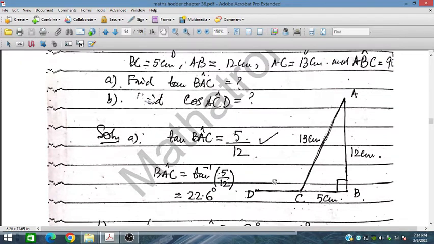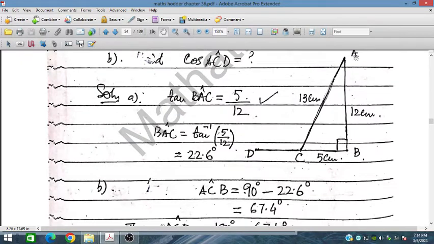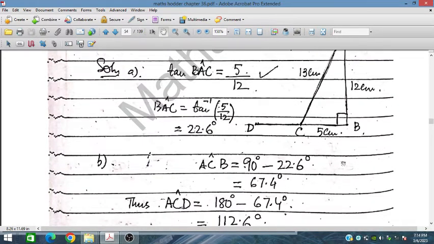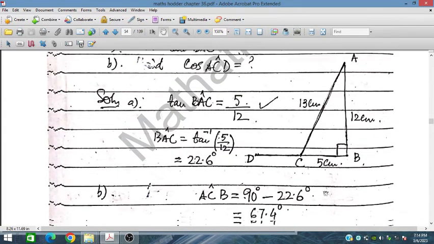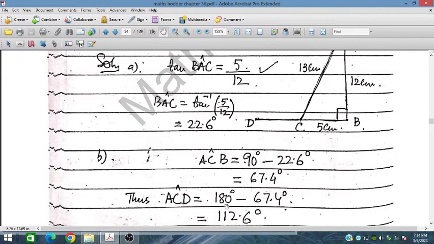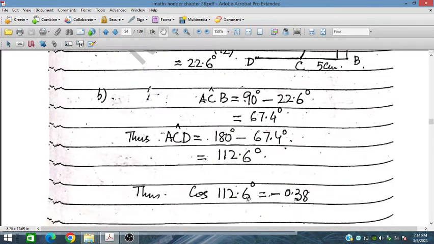The second is cos ACD. ACB is 90 minus 22.6 degree, which is 67.4 degree. So ACD is 112.6 degree, 180 degree minus this, and cos 112.6 degree is minus 0.38.